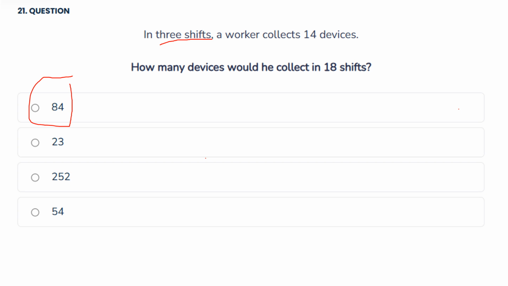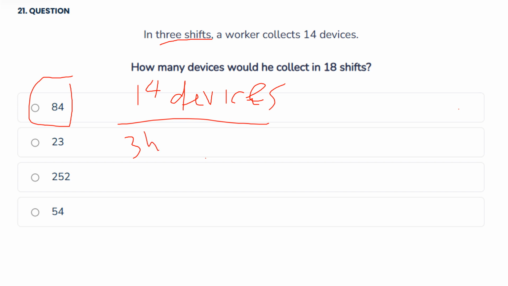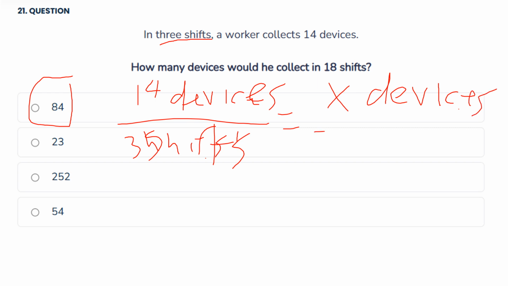So what we do is we have 14 devices per 3 shifts. What we need to find out is how many devices, so that's x, can we collect in 18 shifts?